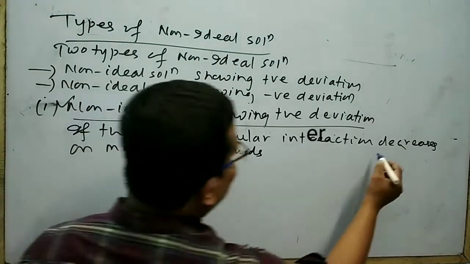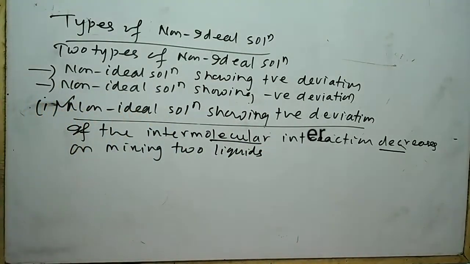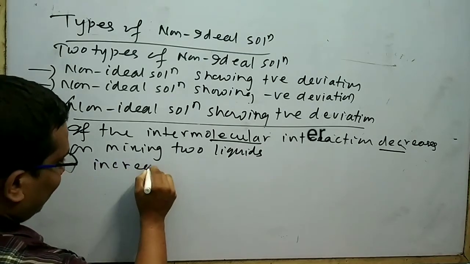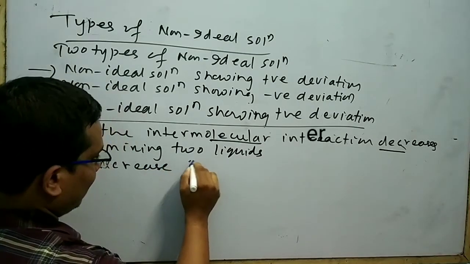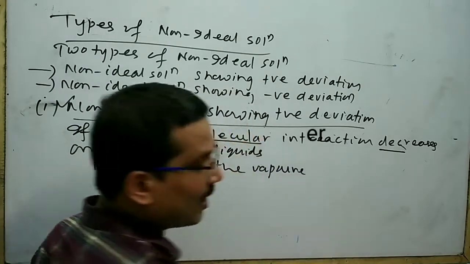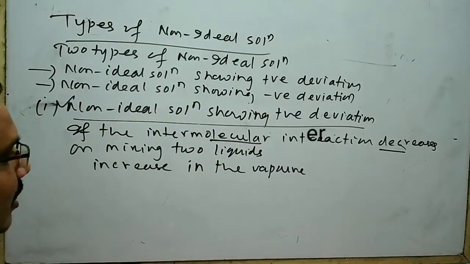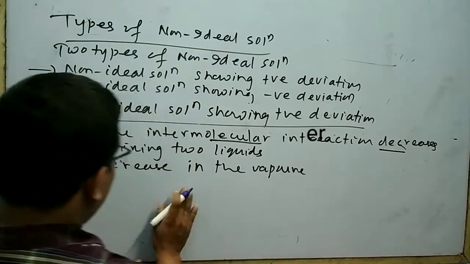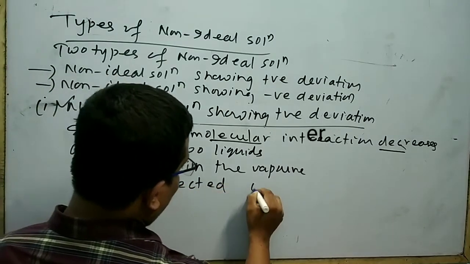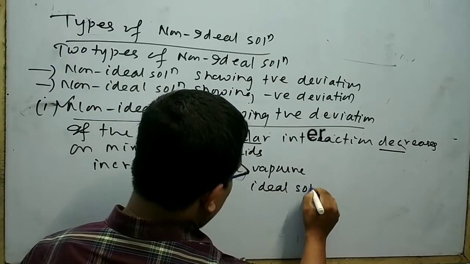Due to decrease in the intermolecular interaction, there is an increase in the vapor pressure of the non-ideal solution as compared to the vapor pressure of the expected ideal solution.